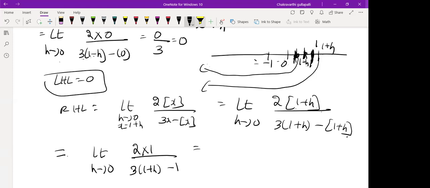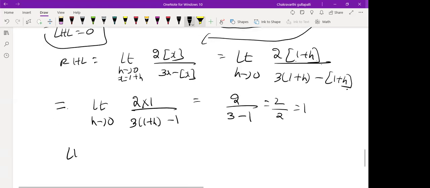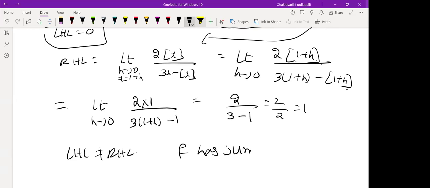Replace h by 0 now: 2 by 3 minus 1, 2 by 2, which is 1. So RHL is 1, LHL is 0. So LHL is not equal to RHL. Therefore, f has jump discontinuity at x equal to 1.